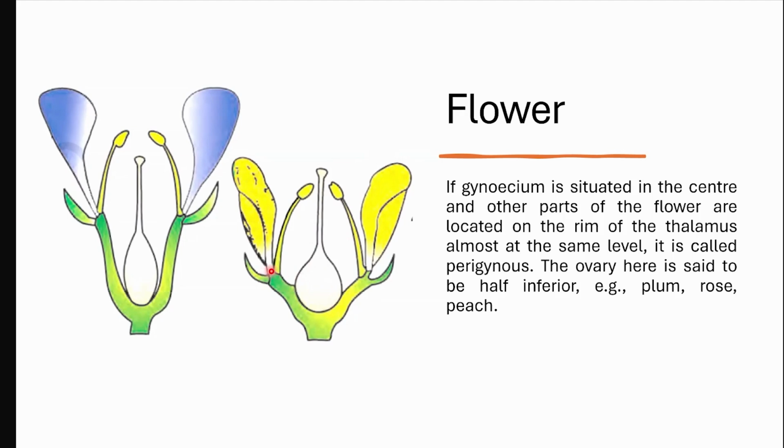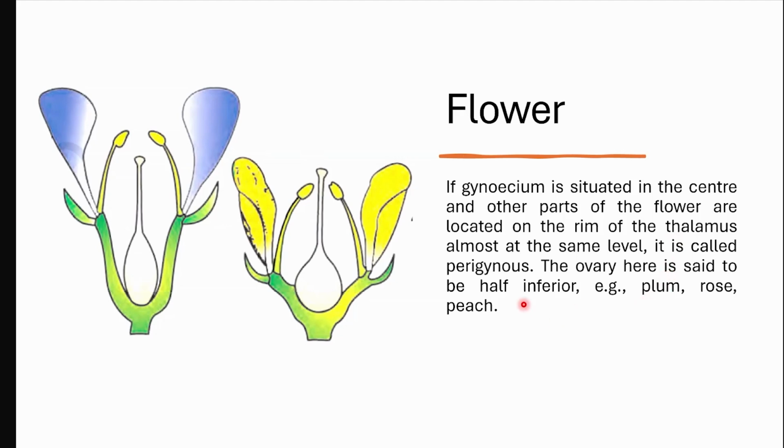Look at the level of arrangement of sepal, petal, and androecium and thalamus. It is almost similar, almost at the same plane, not exactly, but almost. Similarly, over here also, see the thalamus is ending over here, and the other whorls are almost at the same plane as that. So both these conditions are known as perigynous. Examples of perigynous are plum, rose, and peach.